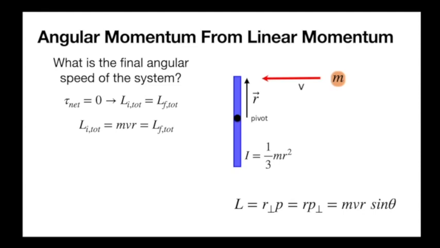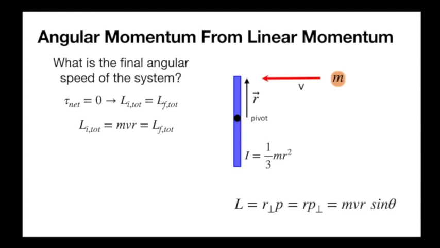Here r is r perpendicular, because this r vector we're just defining as the length of the plank. That gives us the constant perpendicular distance from the ball to the pivot. So mvr is the constant angular momentum that the ball has while it's traveling in a straight line toward it. And now that angular momentum has to be equal to the total final angular momentum that the ball and the plank have, because again, there's no external torque. So whatever angular momentum we start with is what we end with.